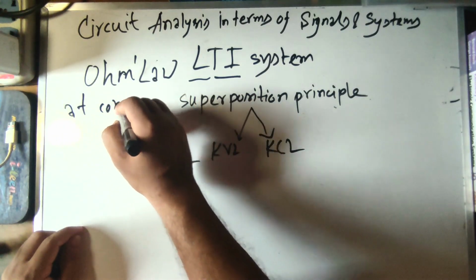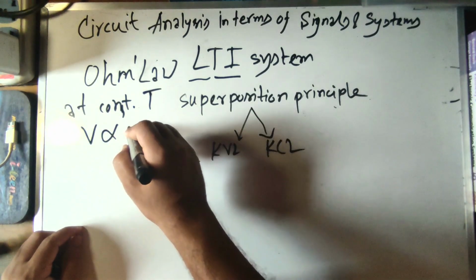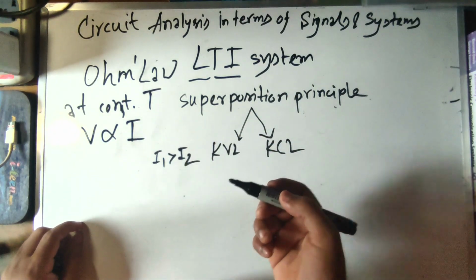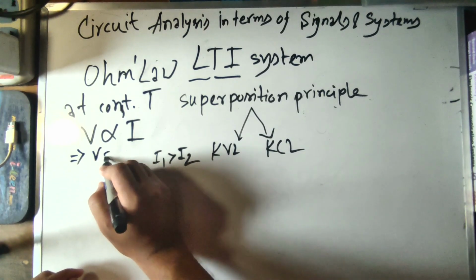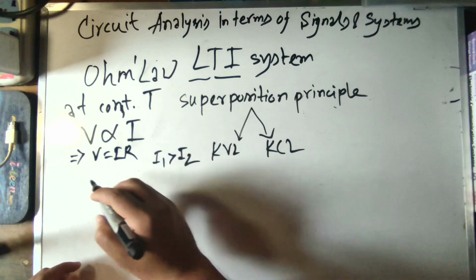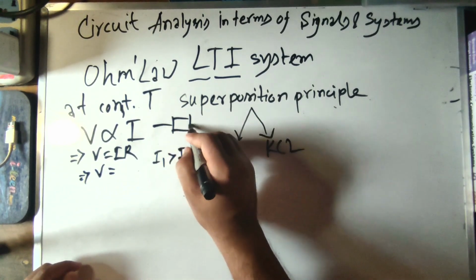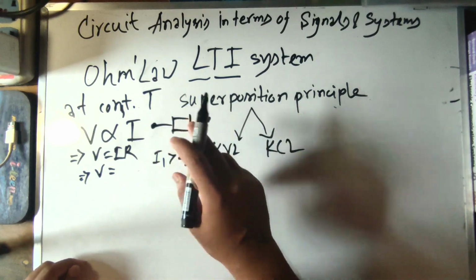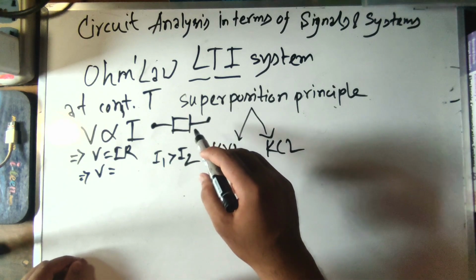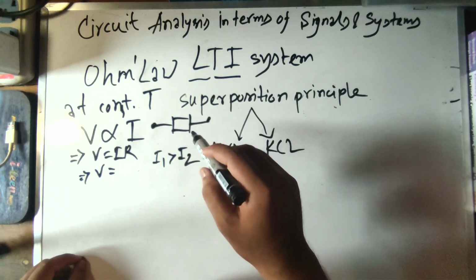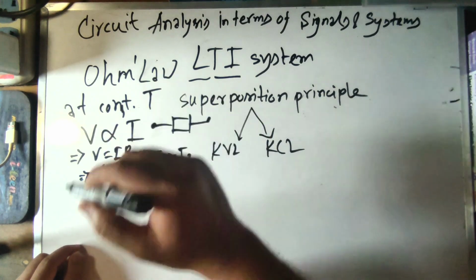At constant temperature, V is proportional to I, or V equals IR. For any branch at constant temperature, electrical passive or active systems in limited cases abide by Ohm's law.